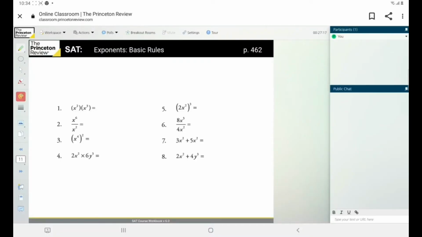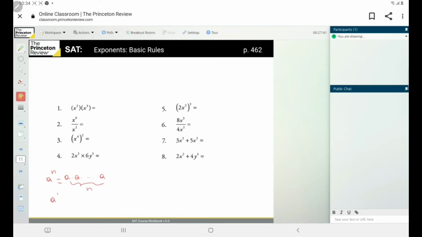Today's topic is about exponents and their basic rules. Exponents, also known as powers, are values that show how many times to multiply a base number by itself. For example, a to the n is telling you to multiply a by itself n times.